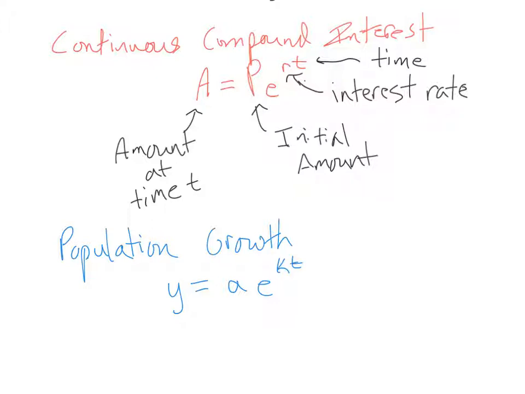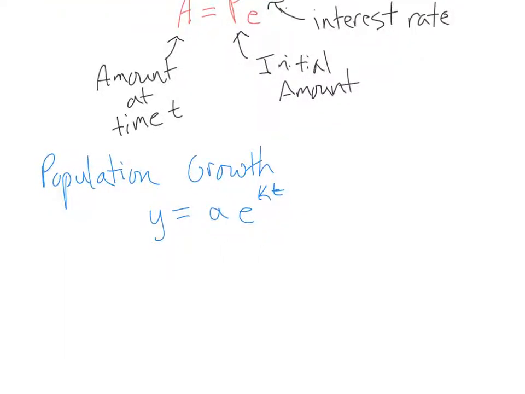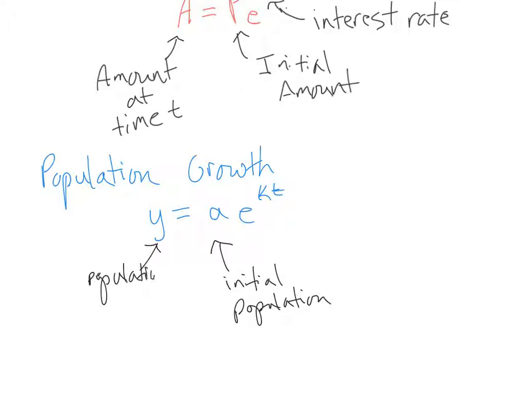Okay, and very similarly to our compound interest formula, your a is the initial population, your y is the population at time t, t is your time, and k is your rate of continuous growth.